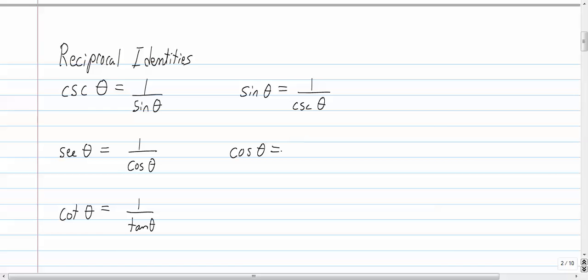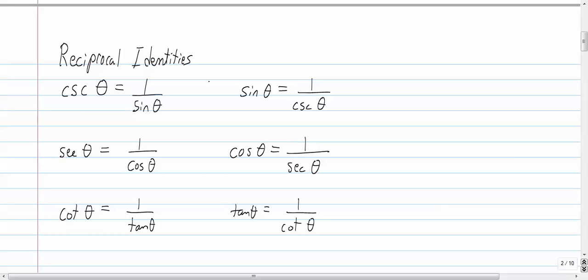Cosine of theta then would be equal to what? 1 over secant theta. And tangent theta would be equal to 1 over cotangent theta.